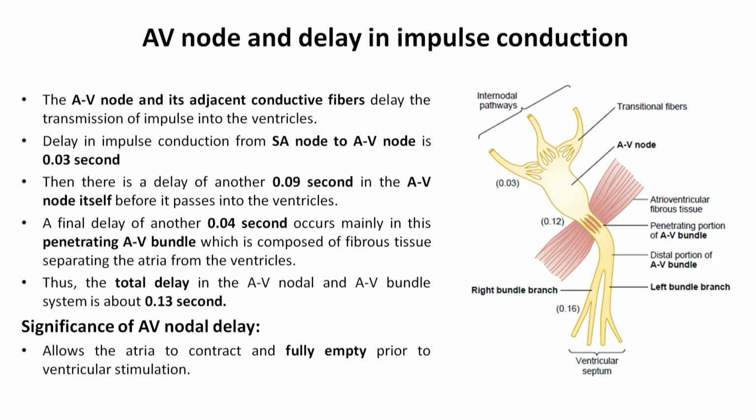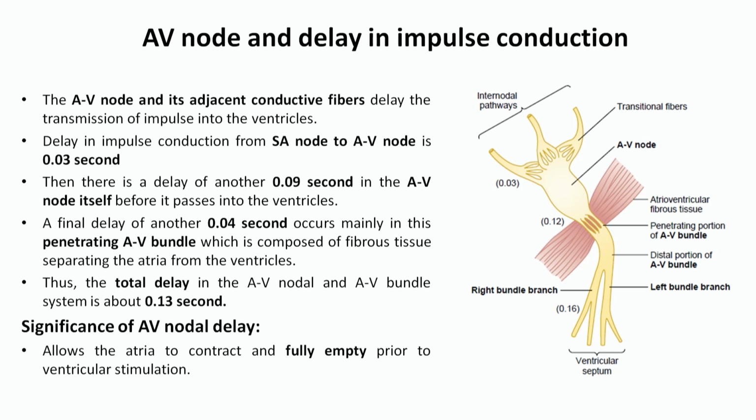The delay in impulse conduction from the SA node to the AV node is around 0.03 second. Then there is another delay of 0.09 second in the AV node itself before the impulse passes into the ventricle.